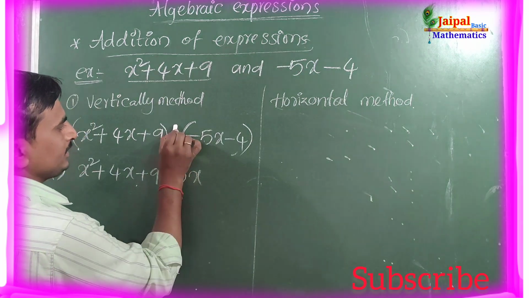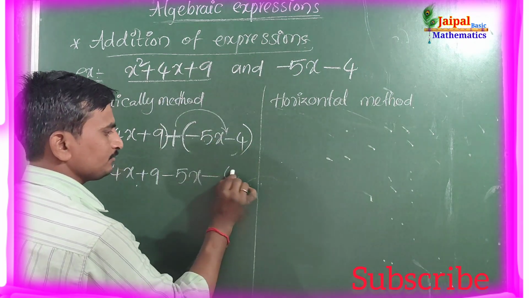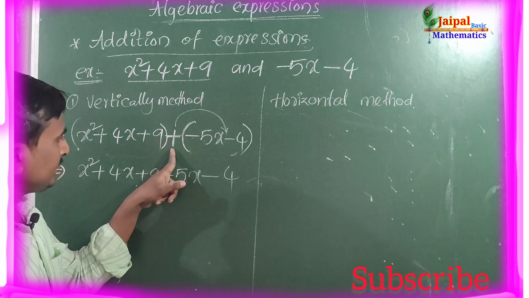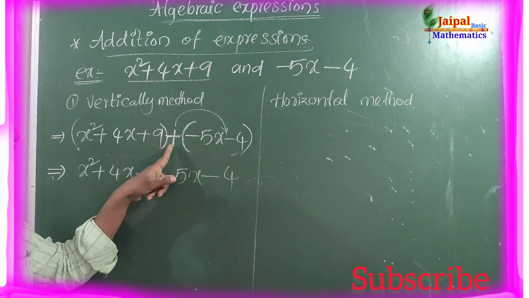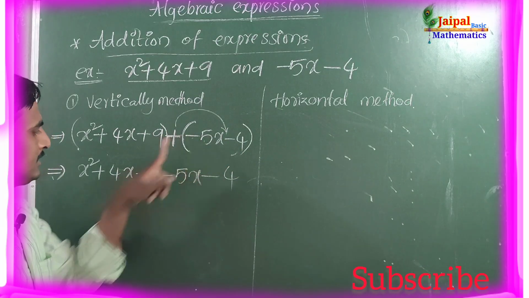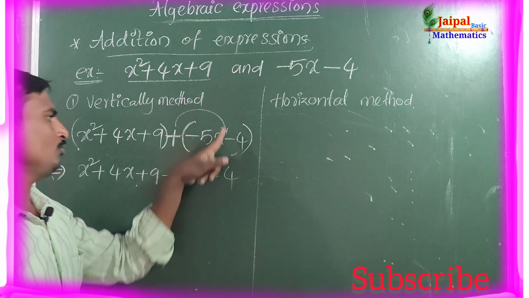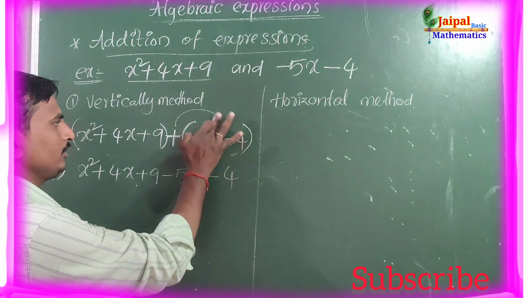Next, plus into minus, again minus will come, 4. So this is important, so try to understand. Plus is simplifying inside the terms. Here plus into minus will come 5x, the same, right? So plus into minus 4, the same. Okay? So now let's go forward.